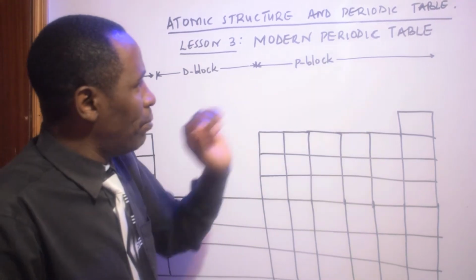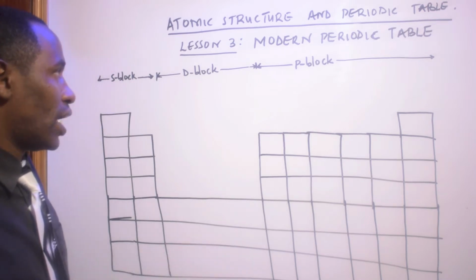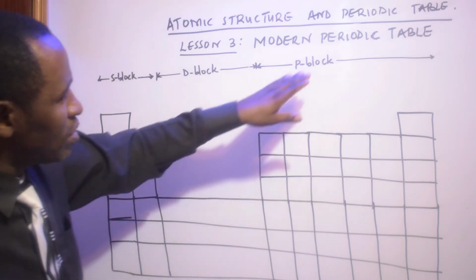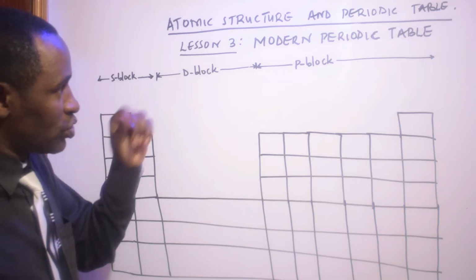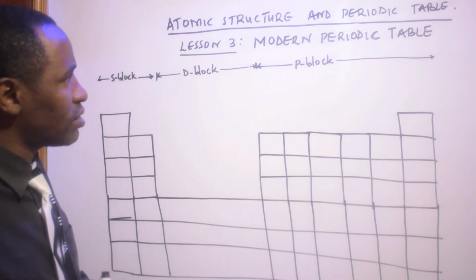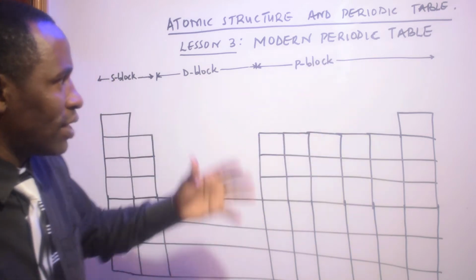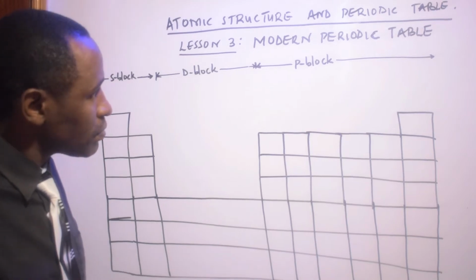Now, maybe we mention this periodic table, and I can take you back a little bit and give you a small history about the periodic table. It's important to mention that one of the key things that chemists have been doing is trying to study the properties of elements.